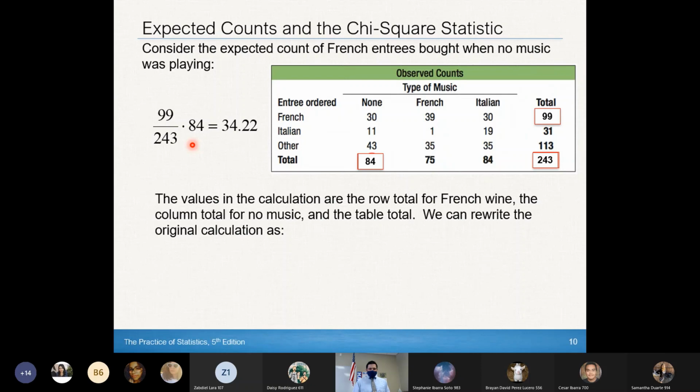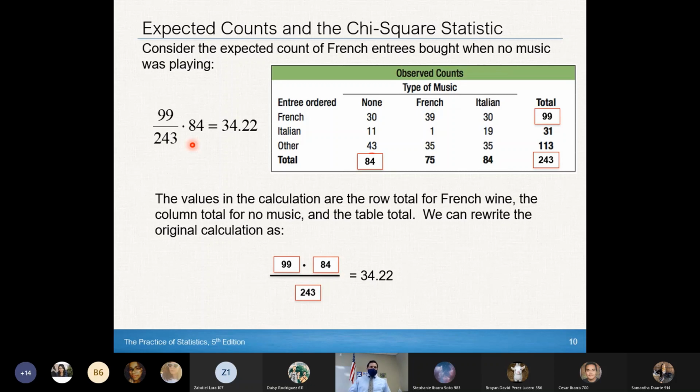Those three numbers are used here. We can rewrite the original calculation as row total times column total divided by table total, and that equals 34.22.